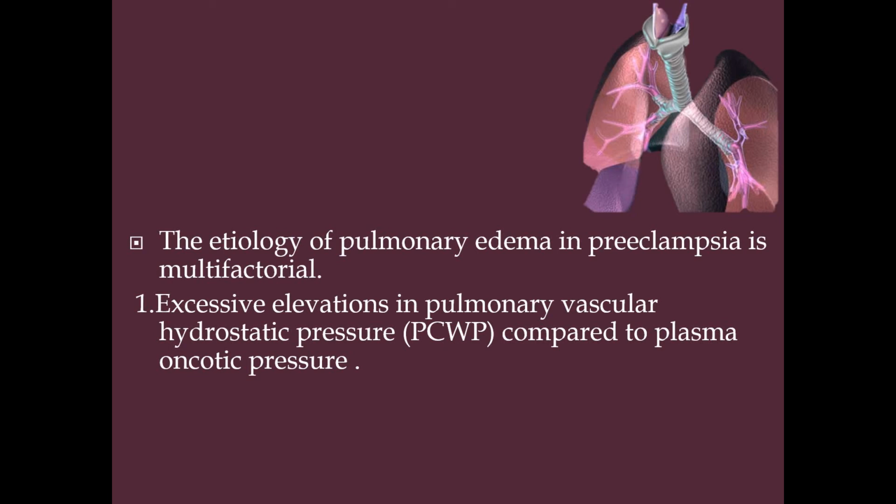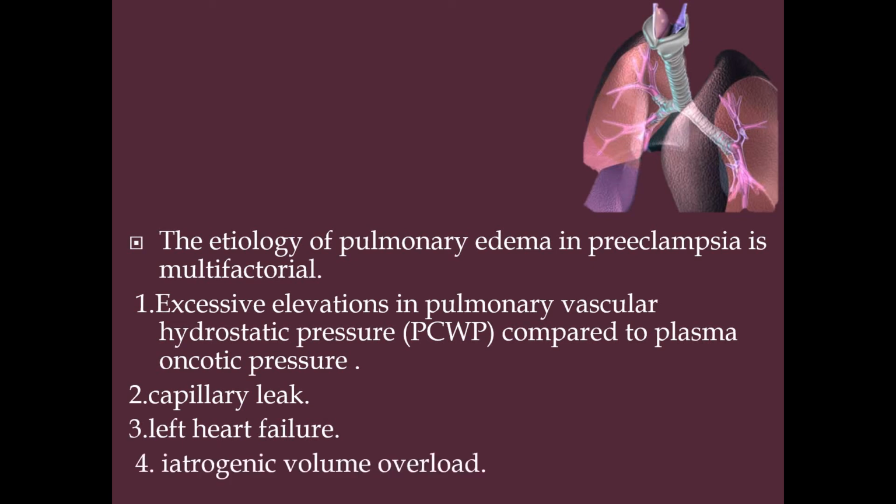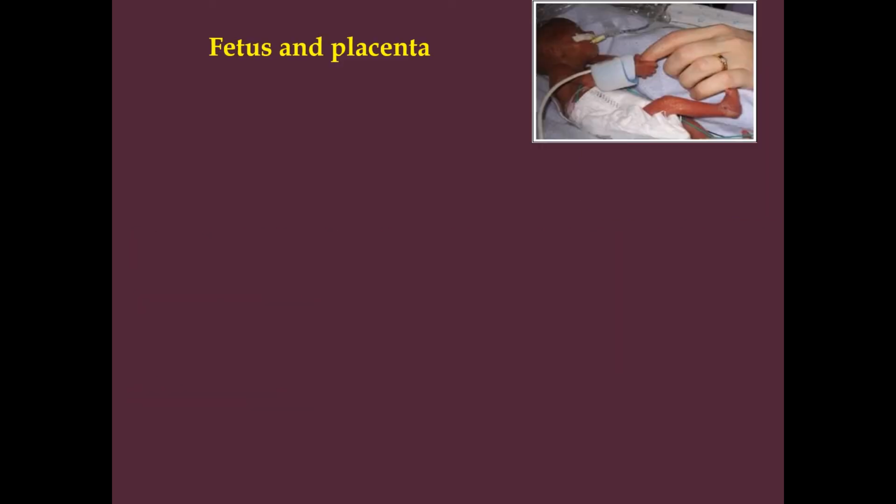It might be due to excessive elevations in pulmonary vascular hydrostatic pressure compared to the plasma oncotic pressure. It can also be due to capillary leak, left heart failure, and could be iatrogenic volume overload.